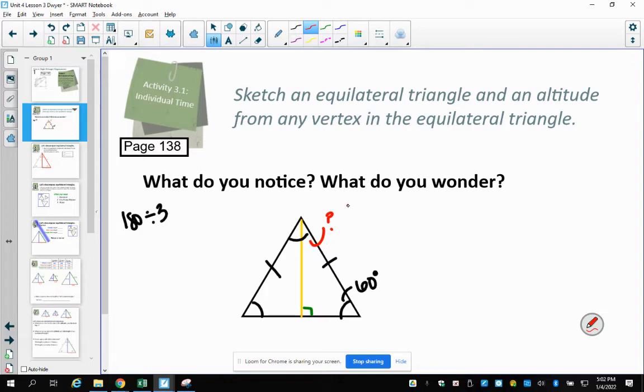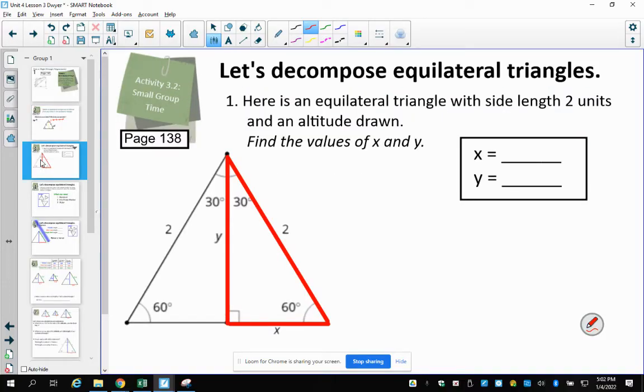Maybe you actually figured it out by doing 180 minus 90 minus 60 and figuring out that it is exactly 30 degrees. Okay, these are all some different things you could have noticed and wondered. Plenty more you could have as well. That's just a few.